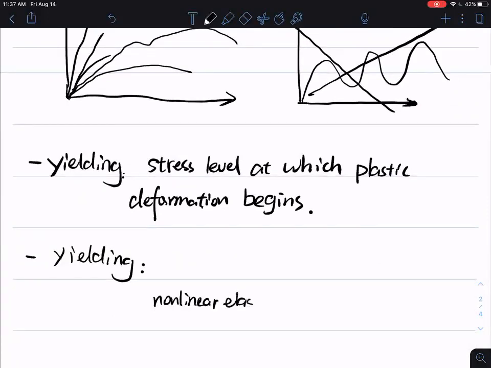elastic materials, you're going to use a method called 0.005 offset, or you can call it 0.5% offset strain.